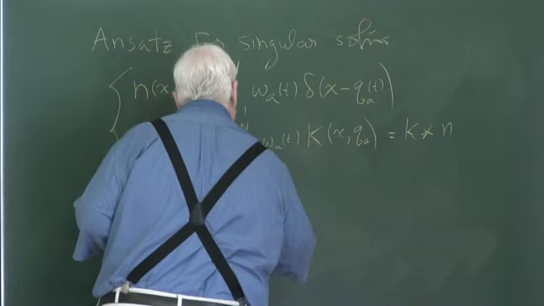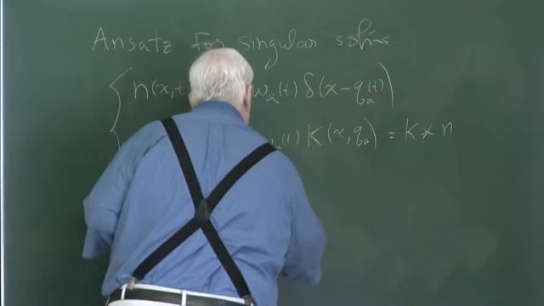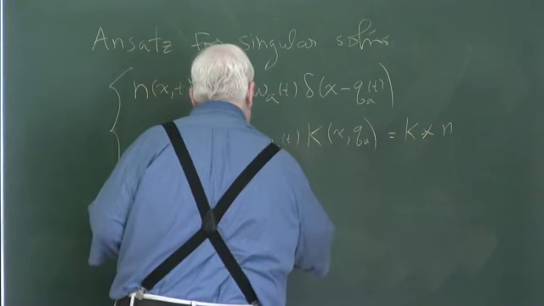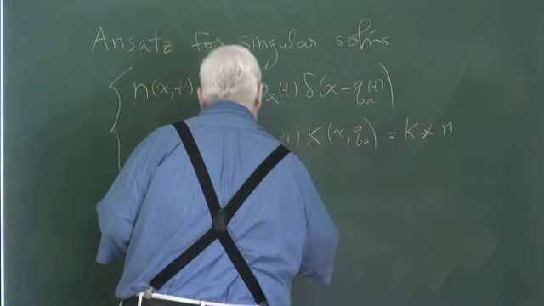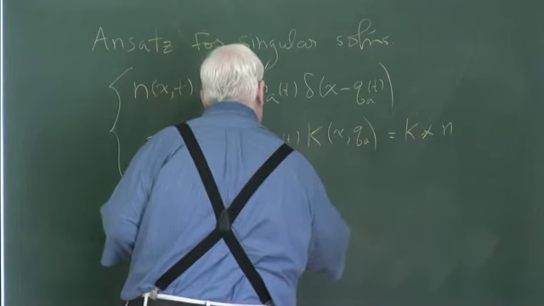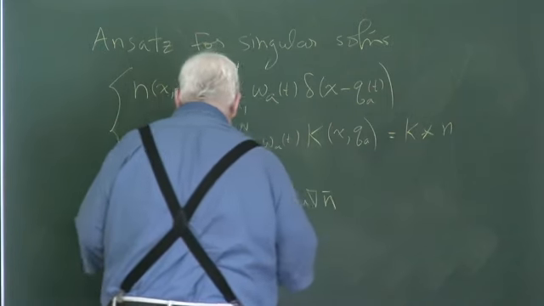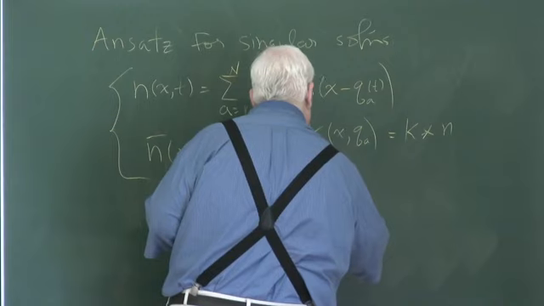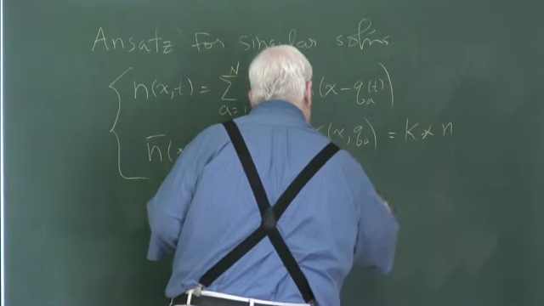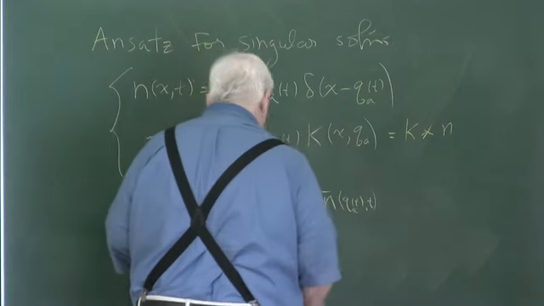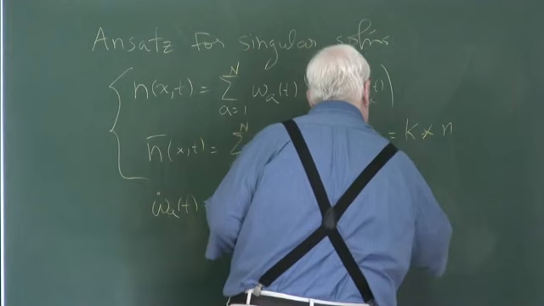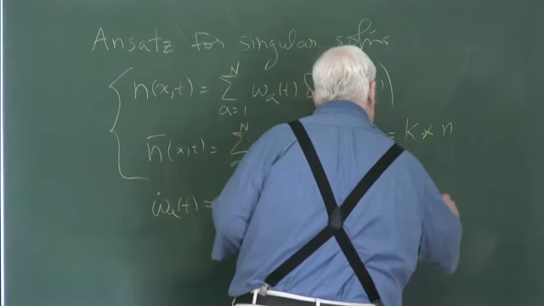And q_a dot is mu grad n bar evaluated at q_a, t. I'm going to call that u of q_a, t.